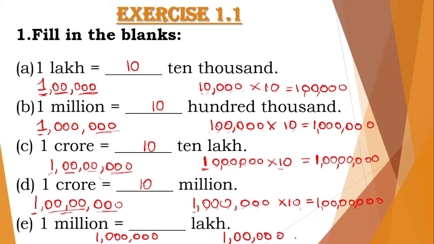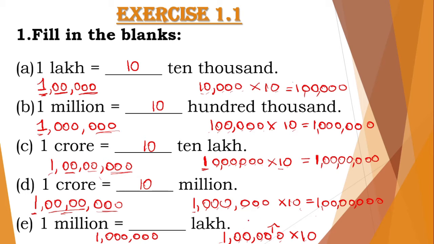Now let's multiply it with 10. Now, here how many zeros are there? We have 1, 2, 3, 4, 5, 6. So we have 6 zeros, right? Now let's multiply 1 into 1. So 1 into 1 is 1 only, right? And we have the 6 zeros, right?